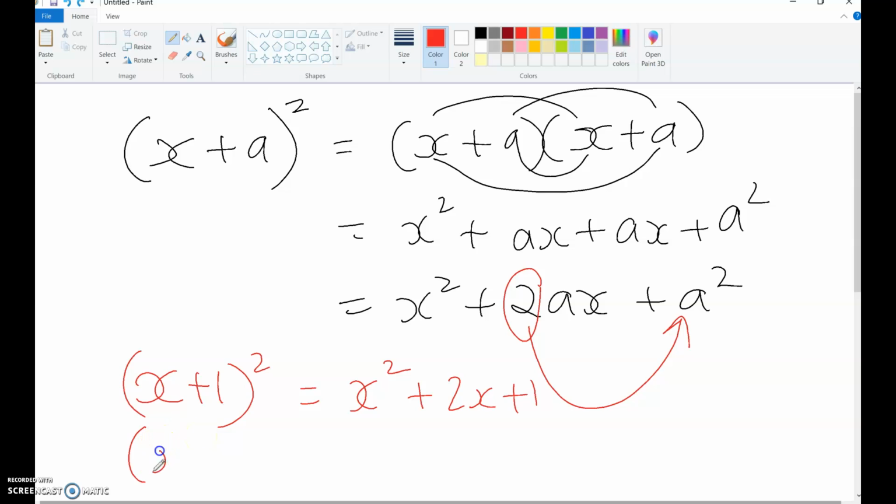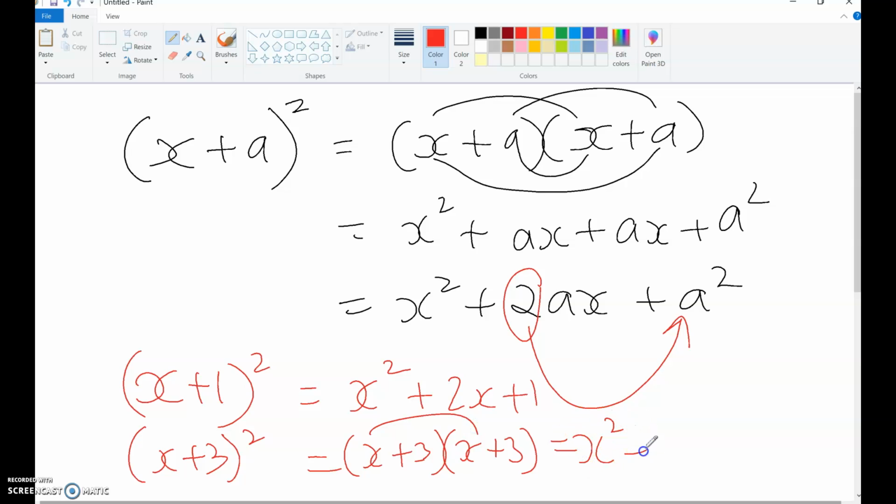See, x plus 3 squared. We can do it the long way, x plus 3, x plus 3. So it's x squared plus 3x plus 3x, so that's plus 6x, and then plus 9. So you can see here that if I halve that, I get 3, and 3 threes are 9.